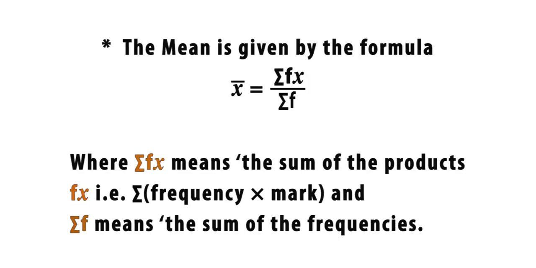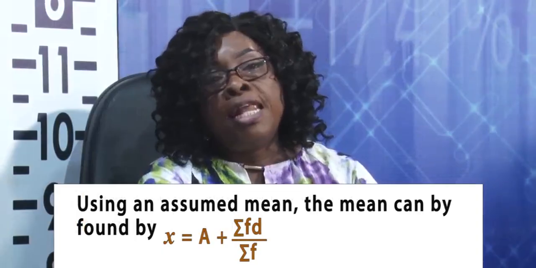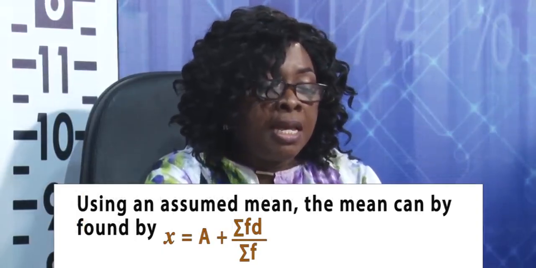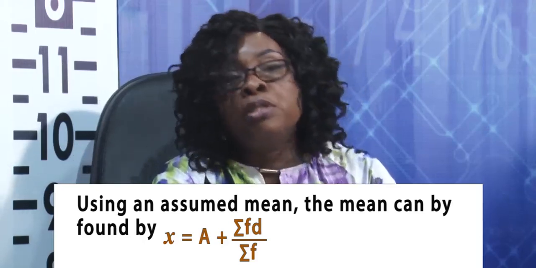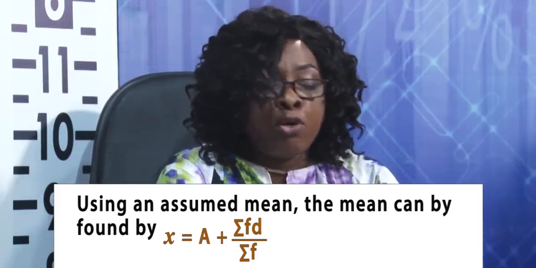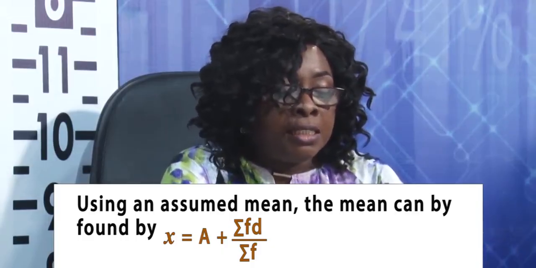And we said sigma fx means the product of the frequencies and the marks or the values, and sigma f means the sum of all our frequencies. We also learnt that an assumed mean can be found and used to find the mean of a grouped frequency table.